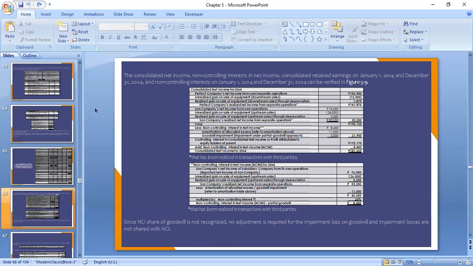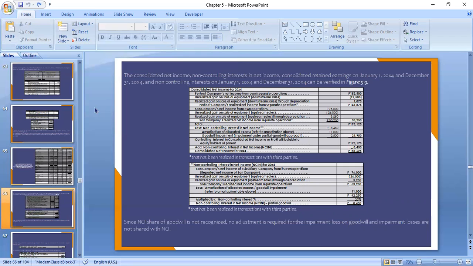Since non-controlling interest share of goodwill is not recognized, no adjustment is required for the impairment loss on goodwill, and impairment losses are not shared with non-controlling interest.